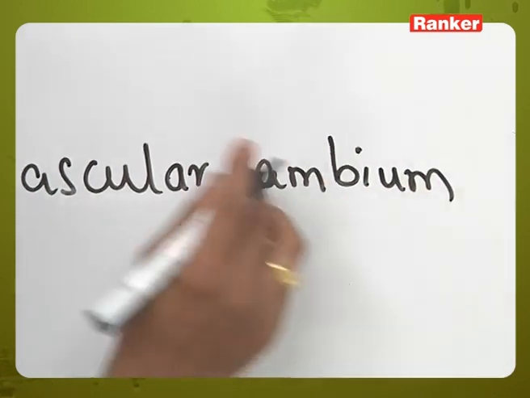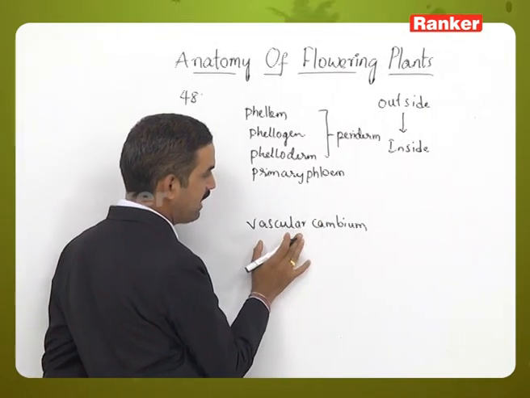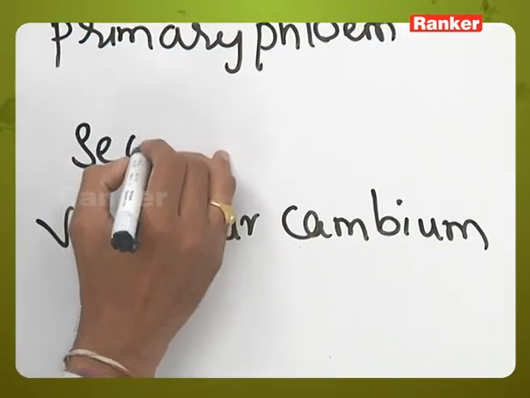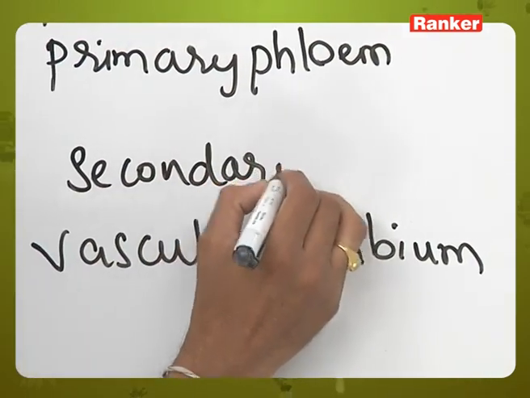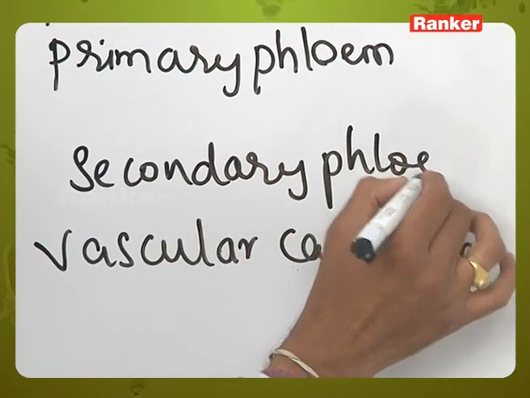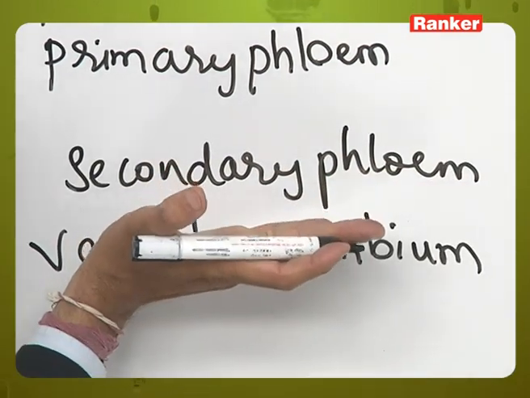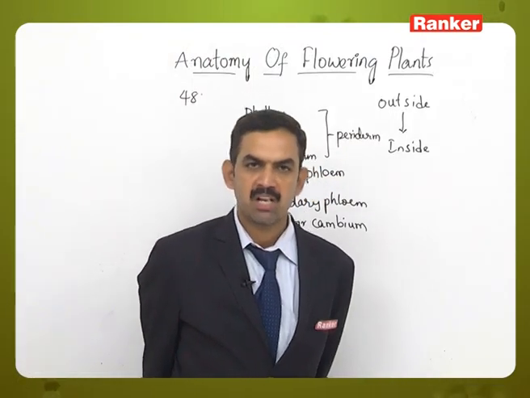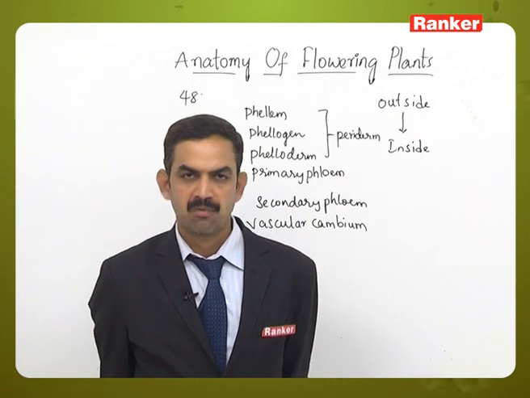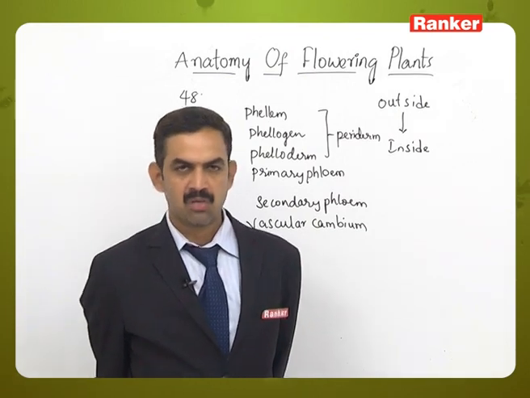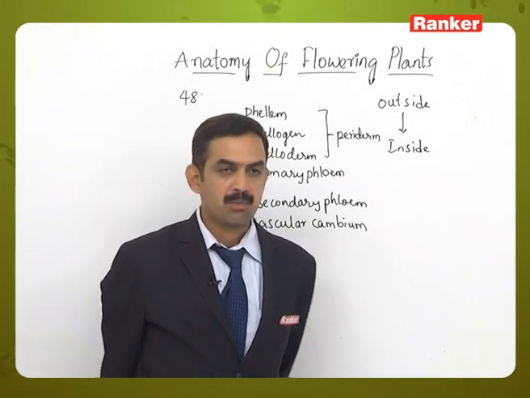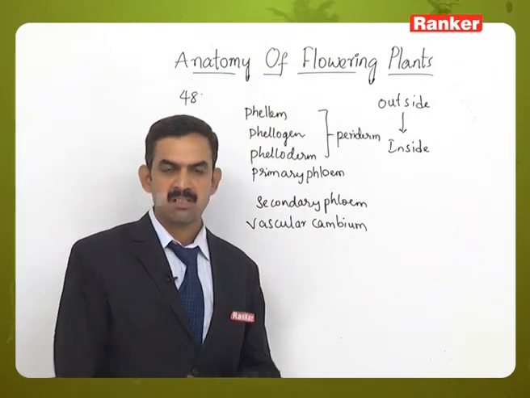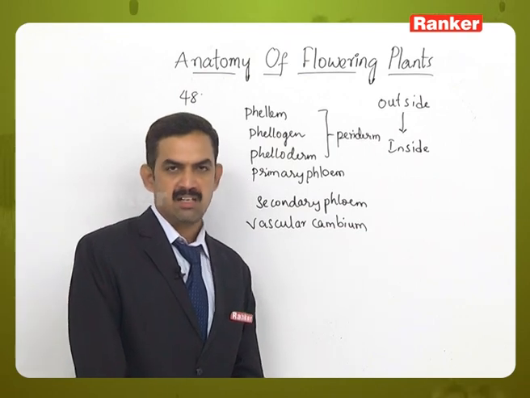The vascular cambium will produce some secondary tissue towards the outside and some secondary tissues towards the inner side. The one which is formed towards the outer side is called secondary phloem, and the secondary phloem will be pushed towards the upper side such that it will occupy the place of the primary phloem. In some of the plants, because of the excess secondary phloem, the primary phloem may be completely crushed, or sometimes in some plants a little amount of primary phloem will be left out.